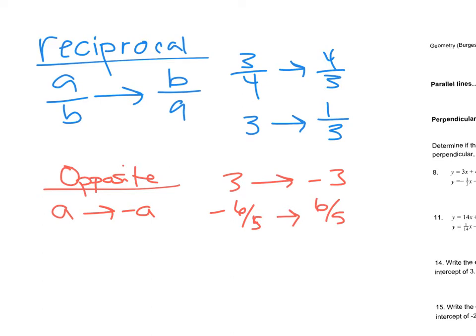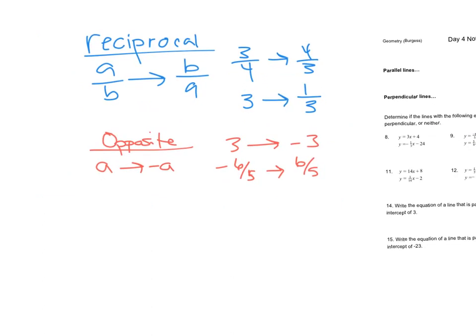Okay, now let's think about opposite reciprocals, which is what we are really concerned with. What is an opposite reciprocal? It is when we flip the fraction and change the sign. Reciprocal. Okay, yeah, I spelled it right.